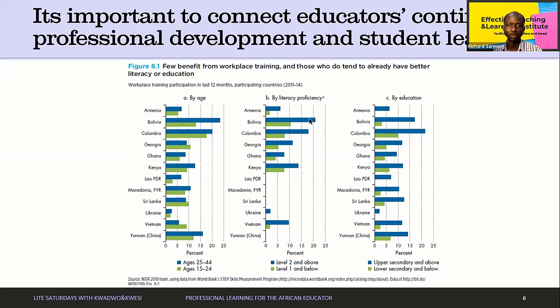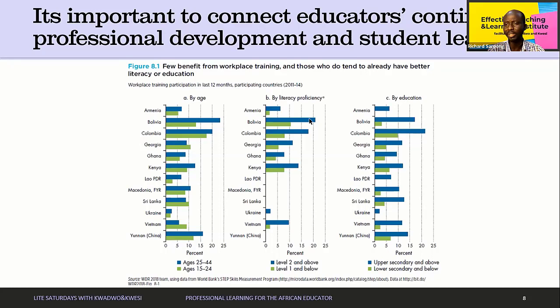I think that if we want to really improve the quality of learning in our schools, then beyond the curriculum reforms, beyond the leadership reforms, beyond the teacher education reforms, one aspect that we have to look at critically is actually building the capacity of educators who are in the classroom teaching our kids today. They need to have access to very high quality professional development.